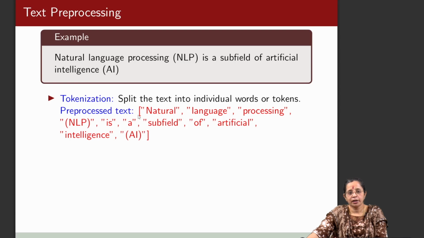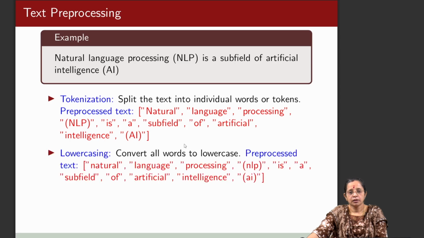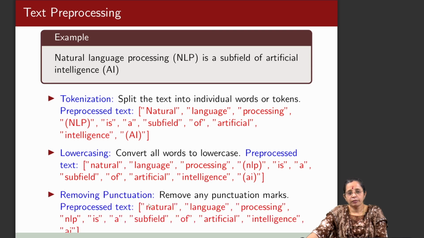There are 11 tokens after pre-processed text. And lower casing, like I said, all these have to be lowercase. Convert all the words to lowercase. So this would be all the capital letters to lowercase. It's very simple to understand. And removing punctuation. So when we feed into a machine, the punctuation may not be required. So all the punctuation, the brackets, all is gone.